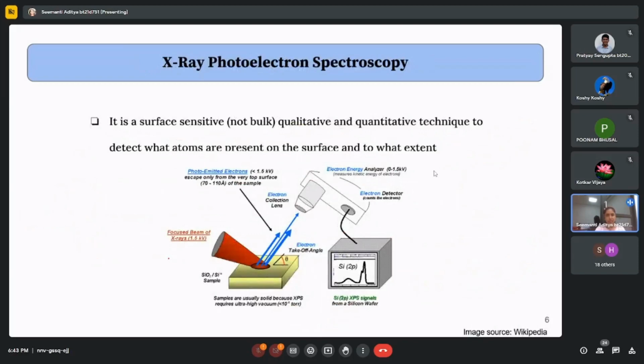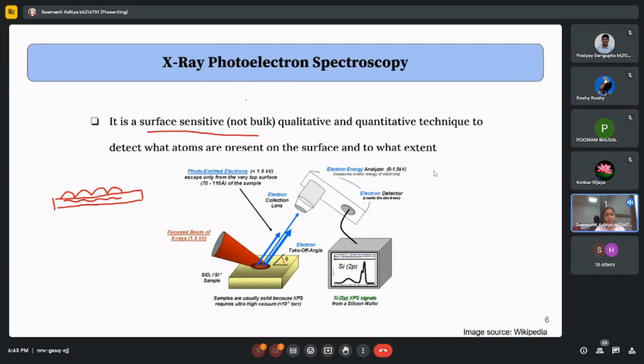So here it is, X-ray photoelectron spectroscopy. It's surface sensitive, not bulk. Surface sensitive means, suppose this is the dish, and this surface has different kinds of atoms on it. They will also be present in the bottom, but we are not interested in the bottom phenomena. We are not interested in the bulk, but we are interested in what happens on the surface.